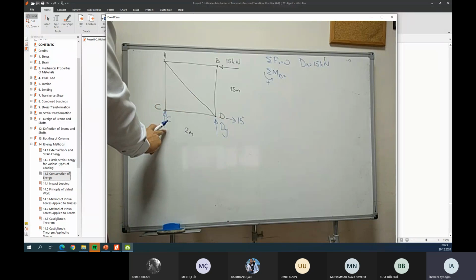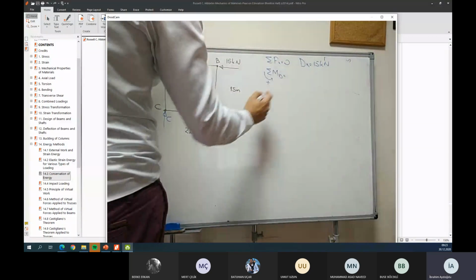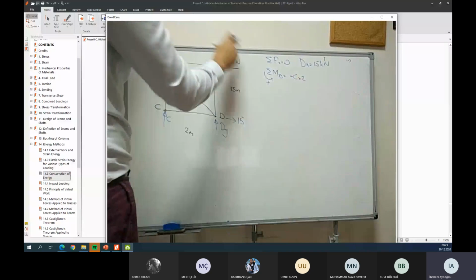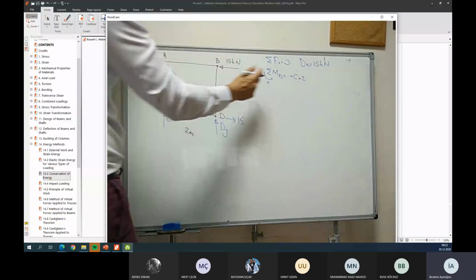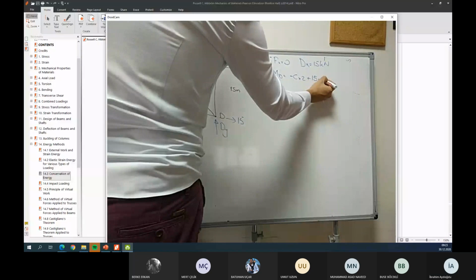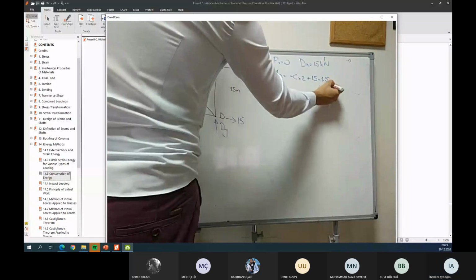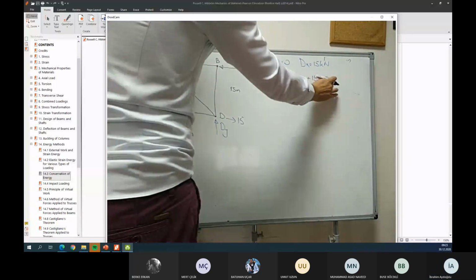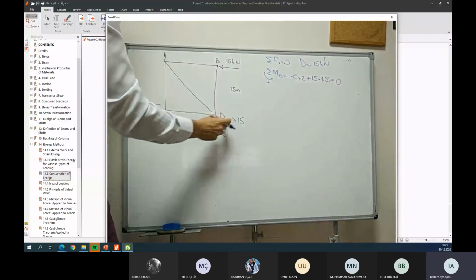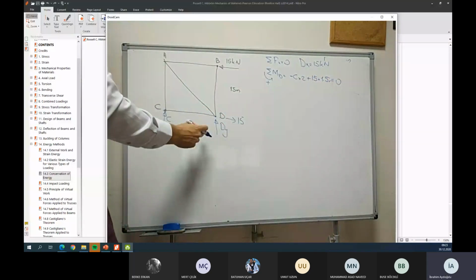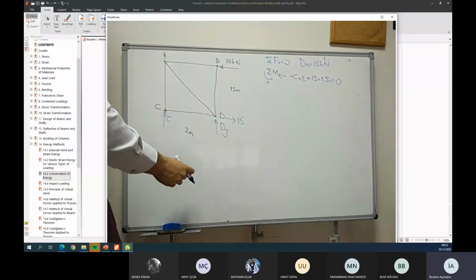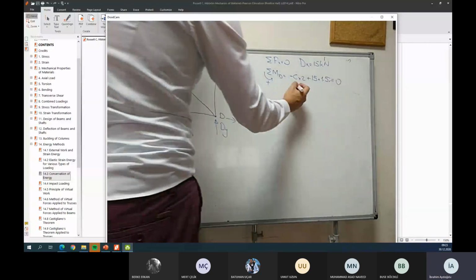First I start with C. C times 2 is minus because it is rotating in the clockwise direction, plus 15 times 1.5 meters is equal to 0, because these two forces do not generate any moment since these forces pass through point D. So I can find C.